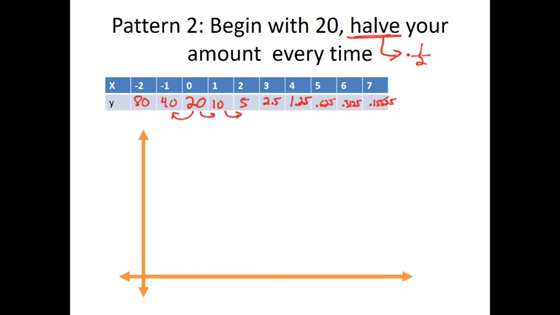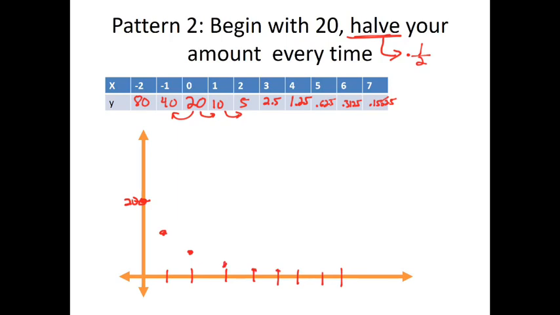So I'm going to start with 0, 20. Let's say 0, 20 is right there. So there's our first point. And then I'm just going to put 1, 2, 3, 4, 5, 6, 7, 8. So then the point 1, 10 would be right there. 2, 5. 3, 2.5.